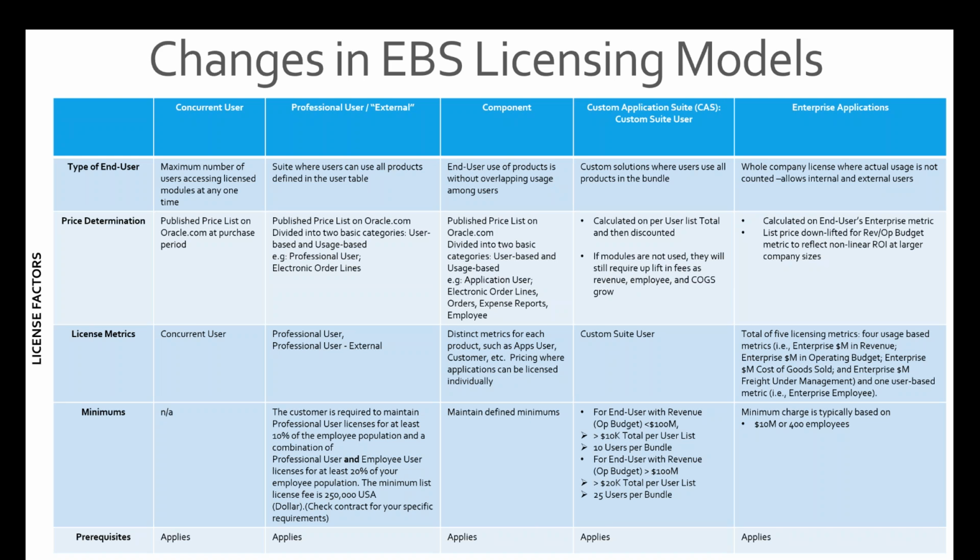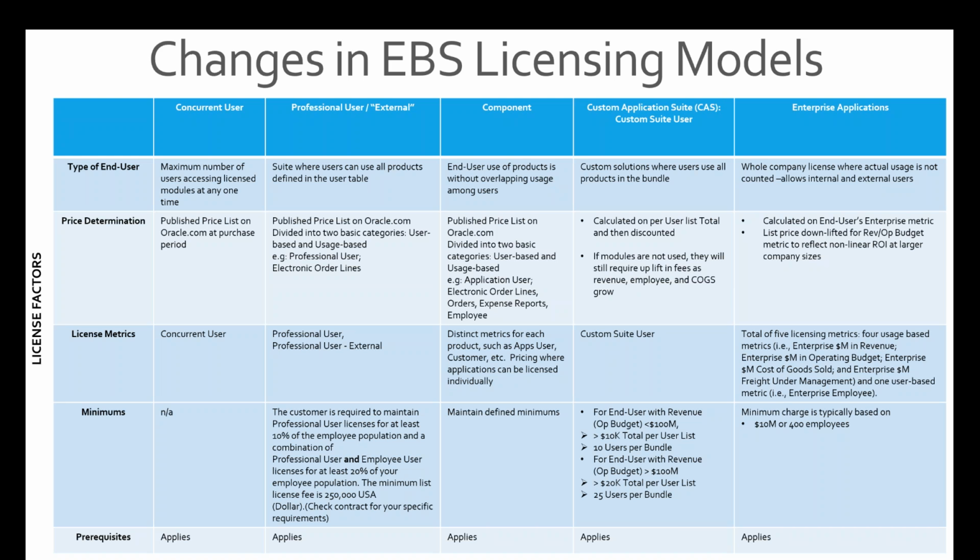The next level up, Oracle realized a lot of customers want to mix and match capabilities as it relates to these products. So they allowed customers to create their own custom application suites, and those custom solutions were really beneficial to customers in the sense that they could define, hey, I want financials, I want order management, inventory, etc. But when I combine all of these modules, I want them to act as a single license model.